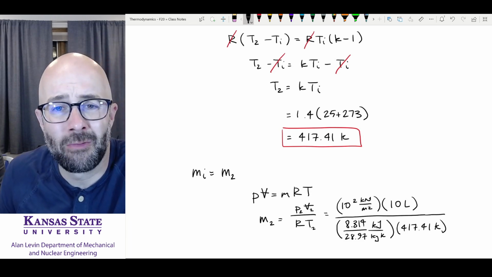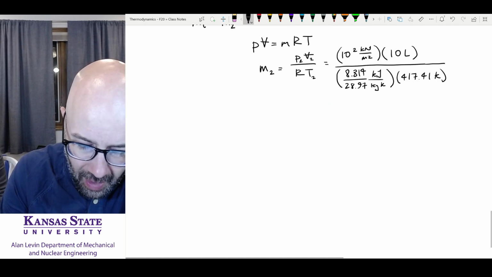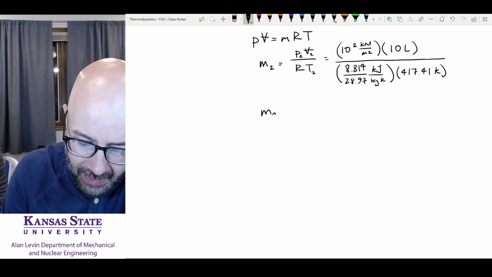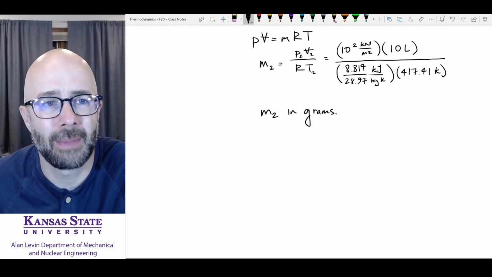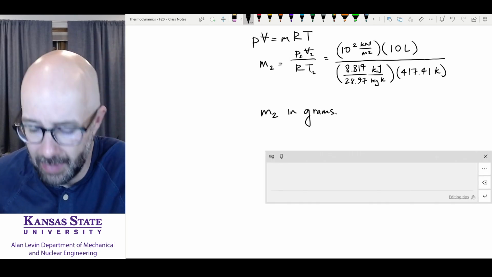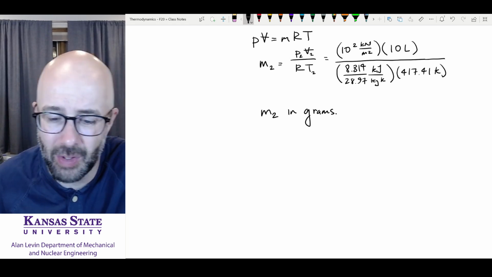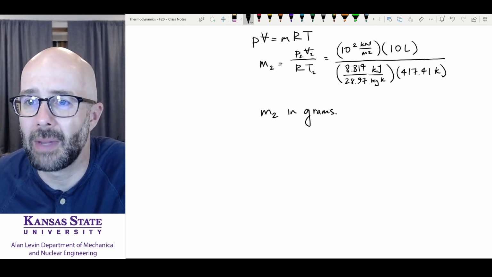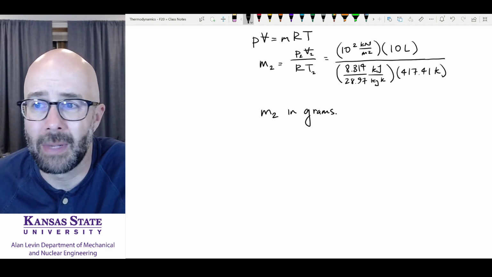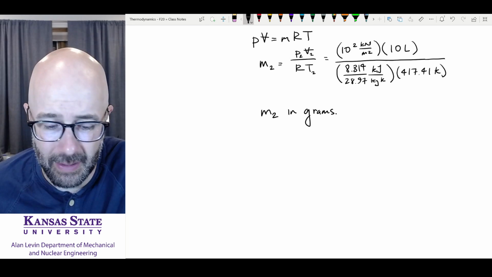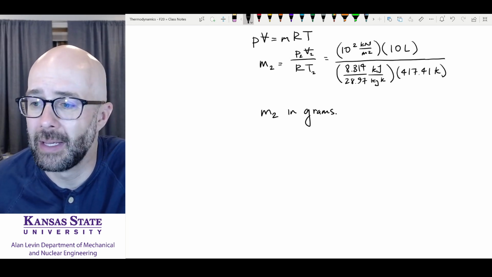I want you to give me the mass in grams. That's going to be how you get out of this section. Remember, check your units and make sure they work out, because right now the units don't work out in that mass equation. You're going to have to convert some things, but give me the mass in grams for your answer, and that will get you out of this problem, and we'll go to our second problem in just a moment.